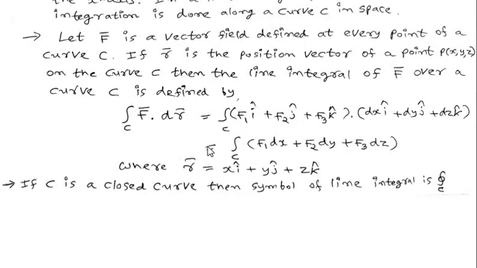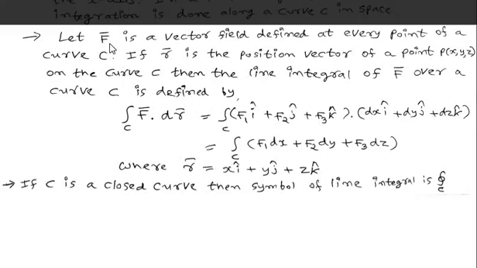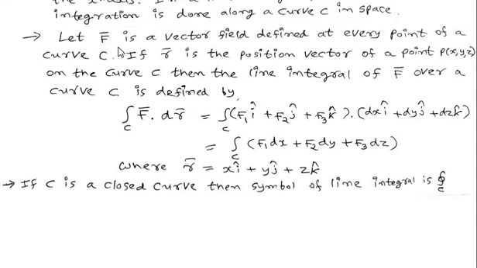This result gives you the line integral of the vector field f bar, which is defined at every point of a curve C, where r bar is the position vector of the point P of x, y, z on the given curve C. And if C is a closed curve, then for the symbol of line integral you have to draw a closed circle on the symbol of integration.